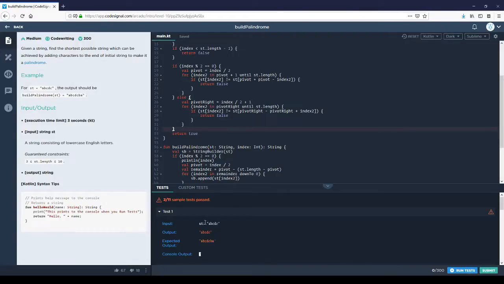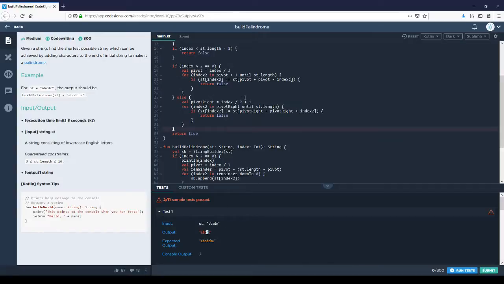And so if 5 is a pivot, pivot right would be 2 plus 1, and that's 3, 0, 1, 2, 3. Here it is. Yes, that's the pivot right.